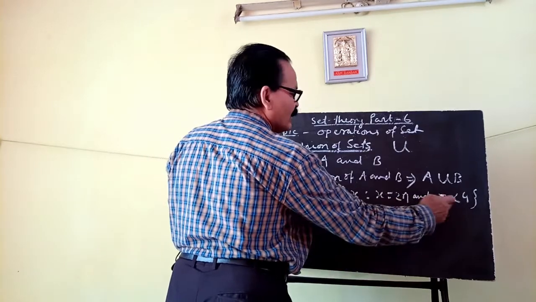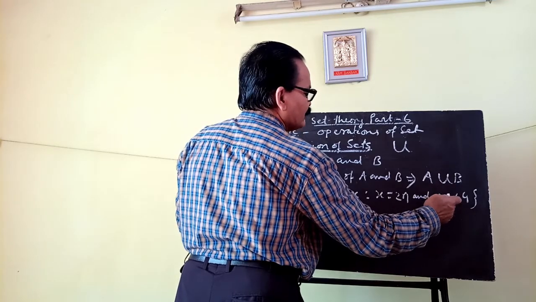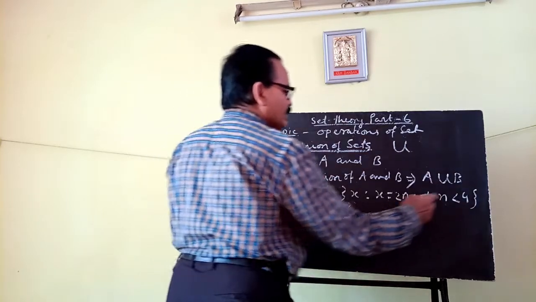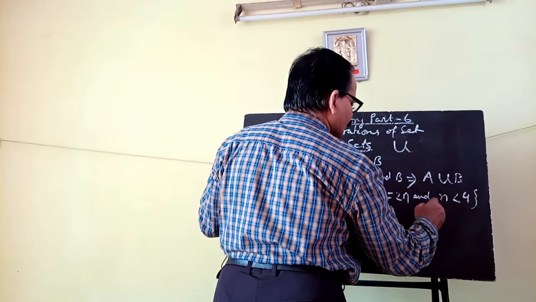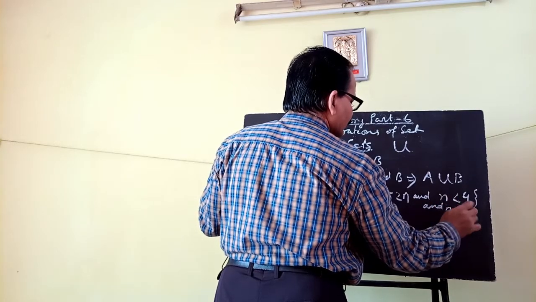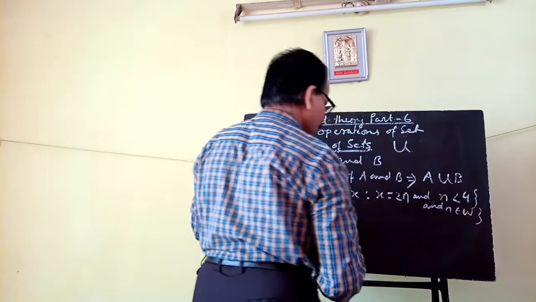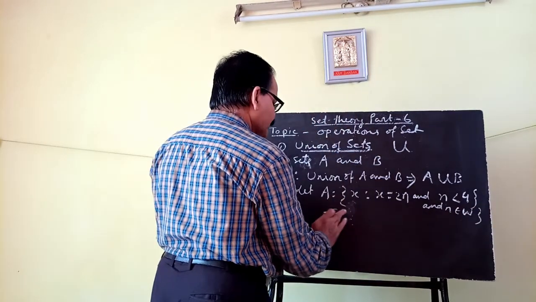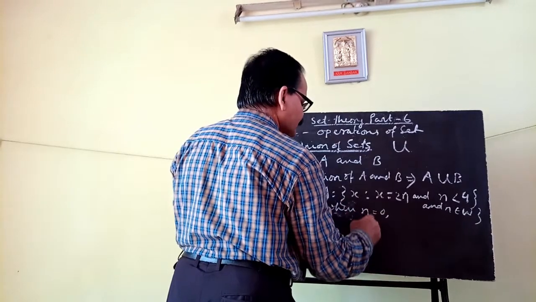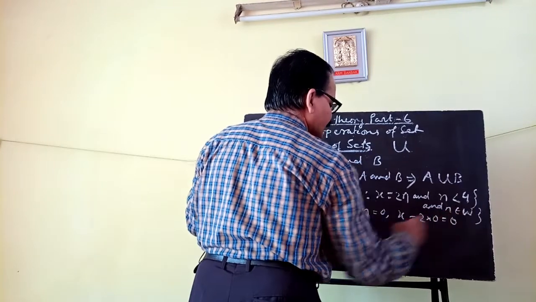You have to take n equal to 1, 2 and 3. N is less than 4 and n belongs to the whole numbers. Then when n equals 0, x will be equal to 2 into 0 equal to 0.